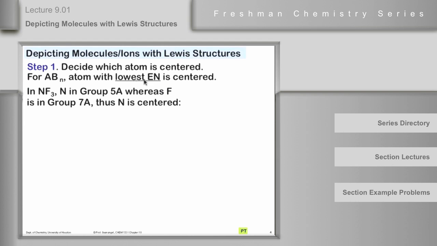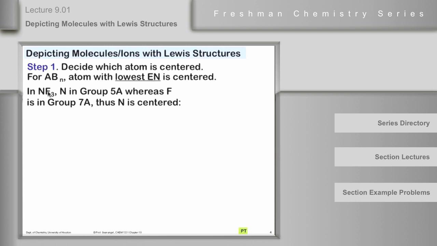Let's suppose the molecule we want to do is nitrogen trifluoride. Now, for such a molecule, we inspect the molecule, which might be given in general terms as A, B taken n times, and we try to find out which one of the atoms present has the lowest electronegativity.